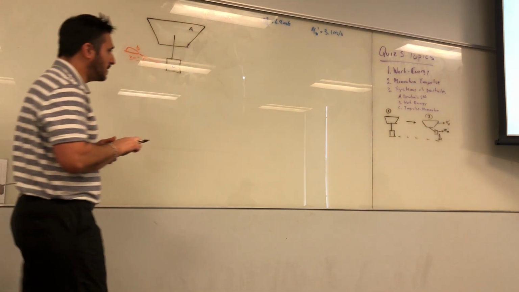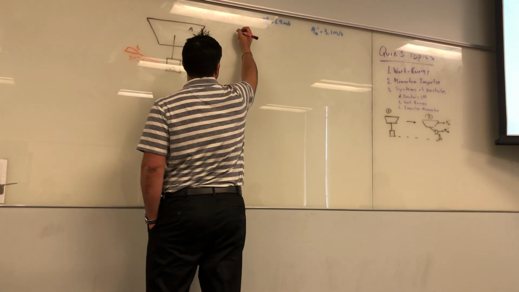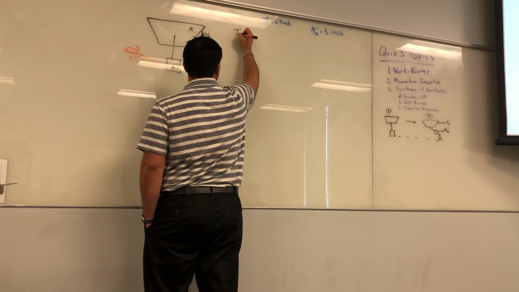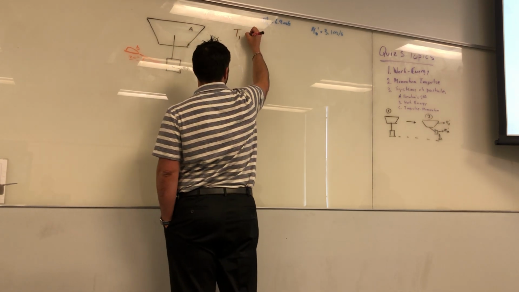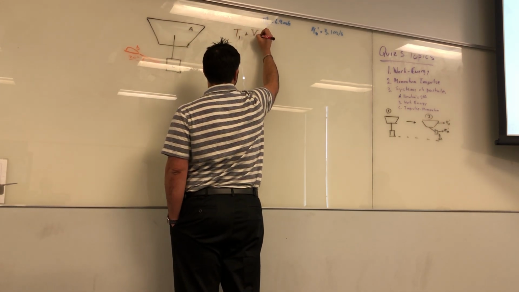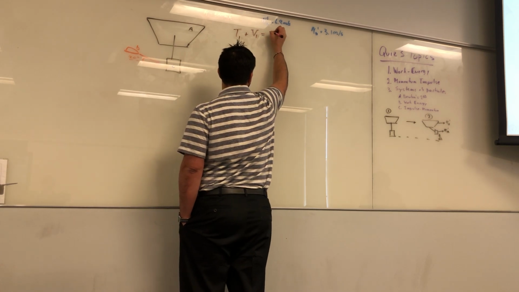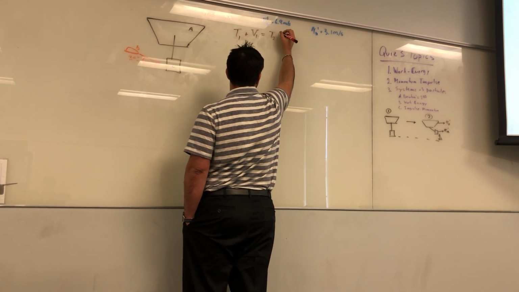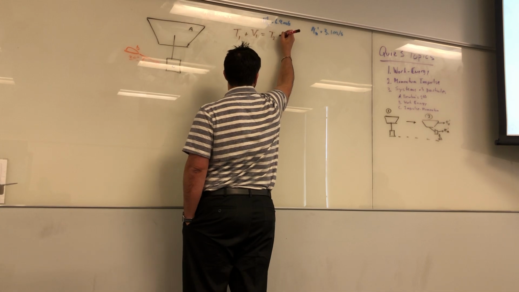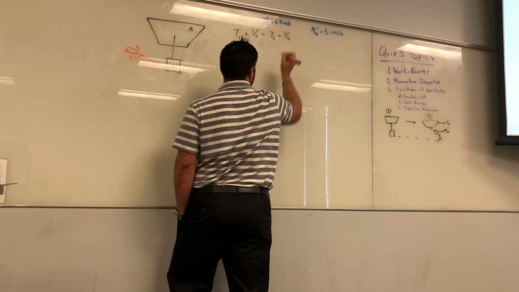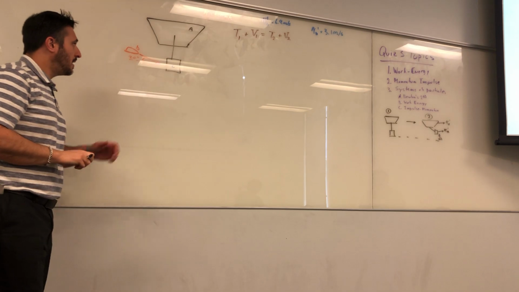So this tells us what? The kinetic energy at some state plus the potential energy at that state has to be equal to the kinetic energy in the final state or another state of interest plus the potential energy at that state, right?